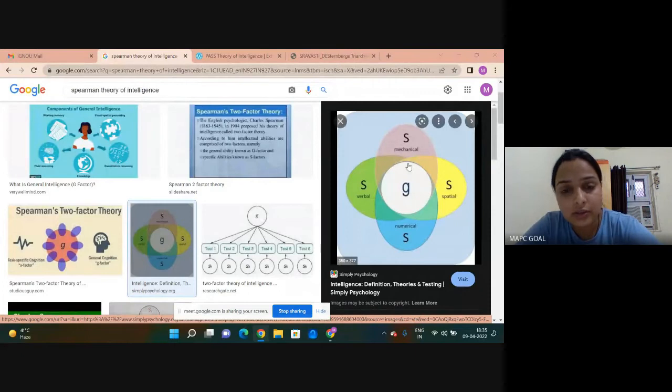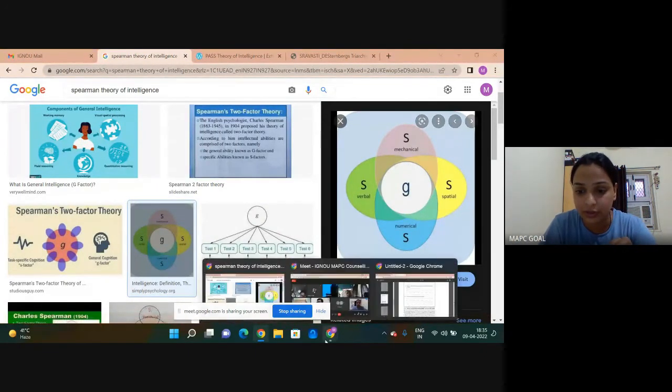So Charles Spearman proposed this theory in the year 1904, and he called it the two-factor theory. According to him, we have 2 kinds of intelligence: one is the general ability, and the other is the specific ability.